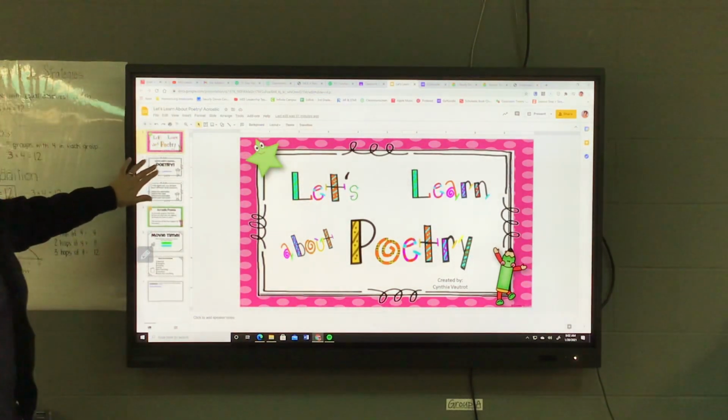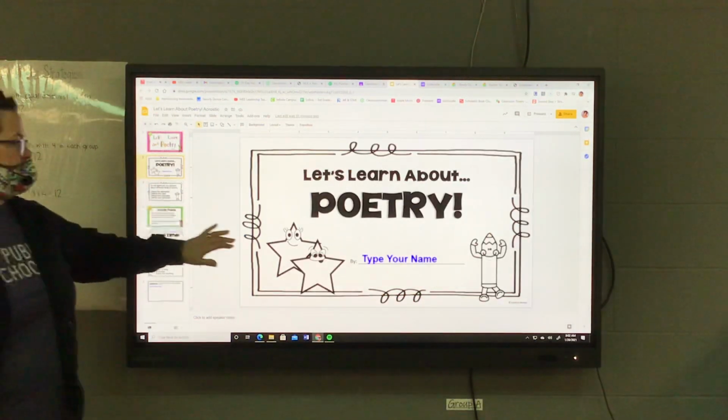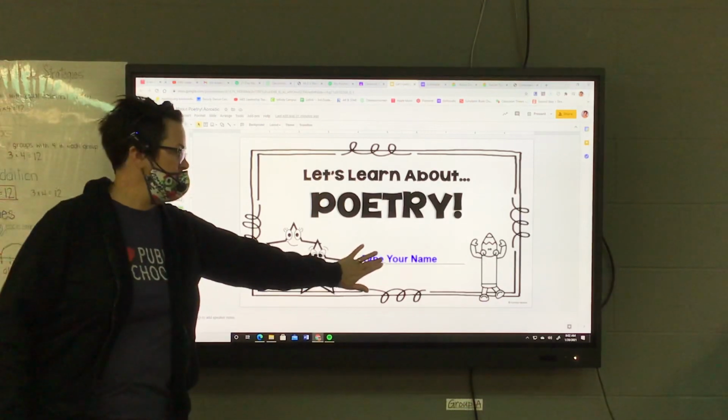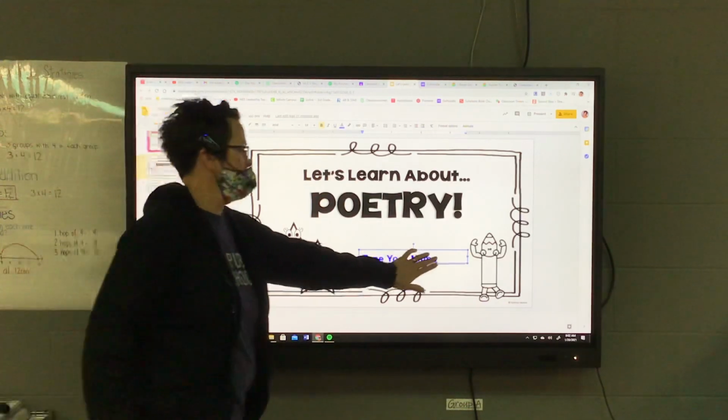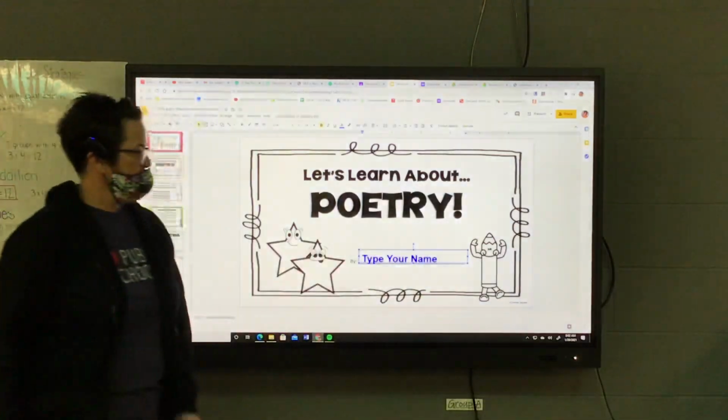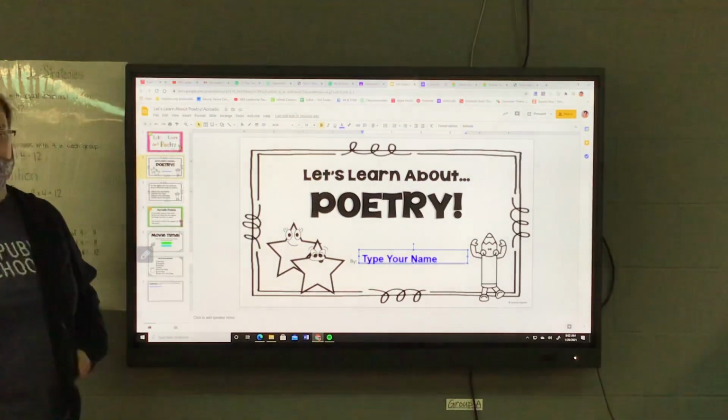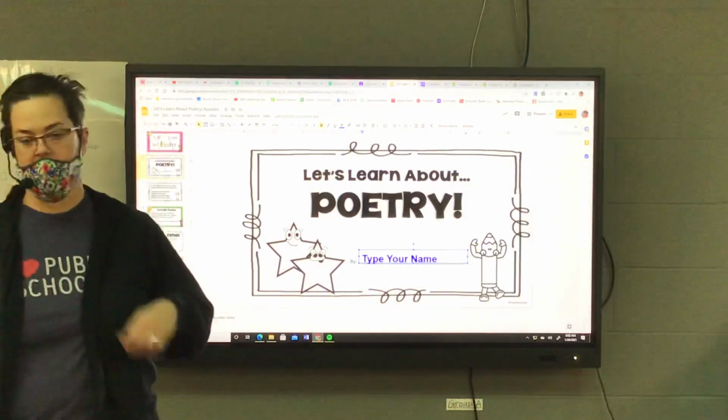So if you look at slide 2, remember how you can double click there so that it's flashing behind. To get rid of that, and just type your name in.